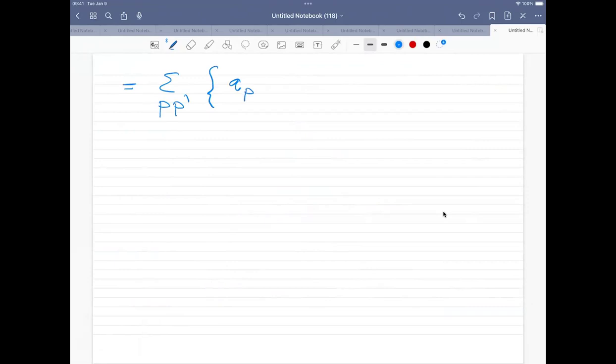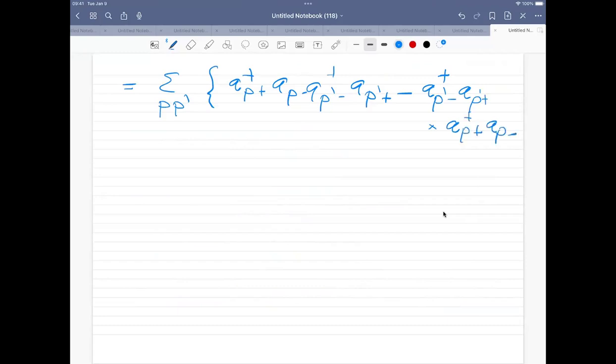So I will have a_p plus, a_p minus, and then a_p prime, and then plus, minus, and then I have a_p prime minus, a_p, now I have to be careful, multiplied with a_p plus, a_p minus. Remember that when we are calculating such a commutator, this is something which is acting on a state.